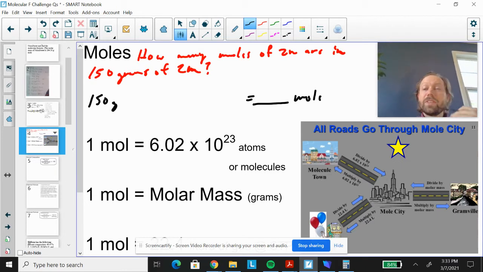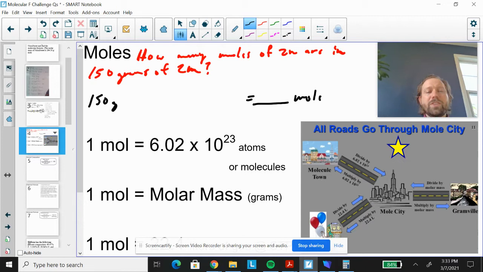But with these, like we did in the previous video, you are going to use the factor label method. It's really helpful because you get to see that you are moving from one unit to the next in different steps, and that way is also kind of showing you that you're doing it correctly if you set it up so that your units are crossing out and you're moving closer to the unit that you need.